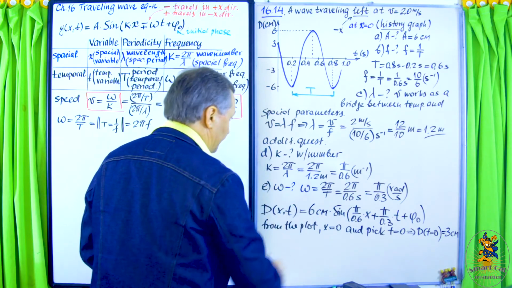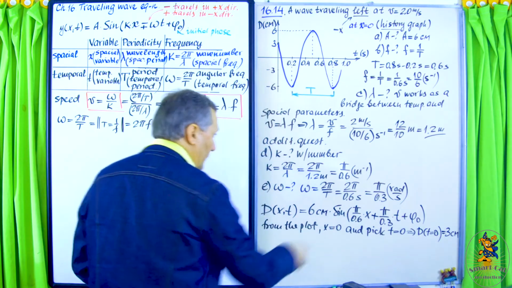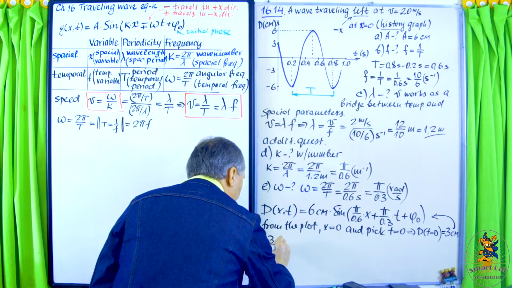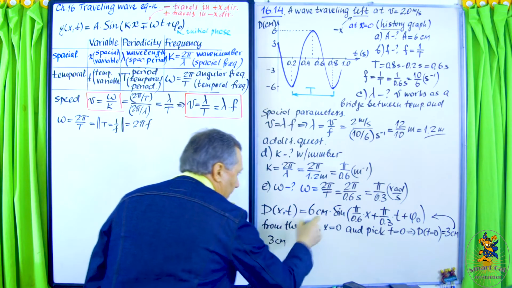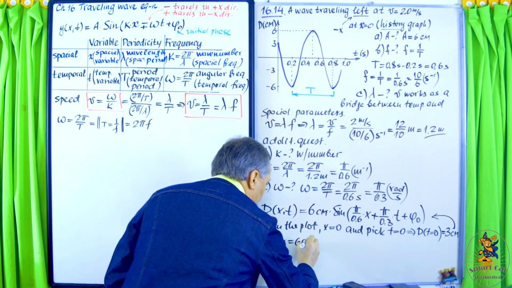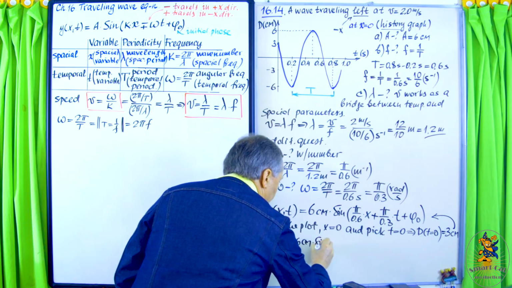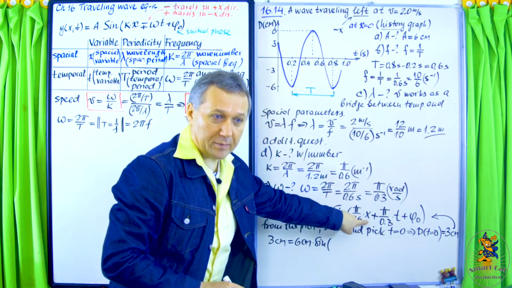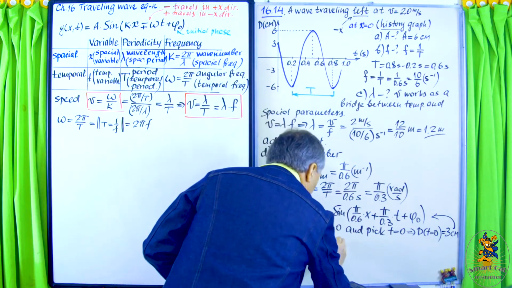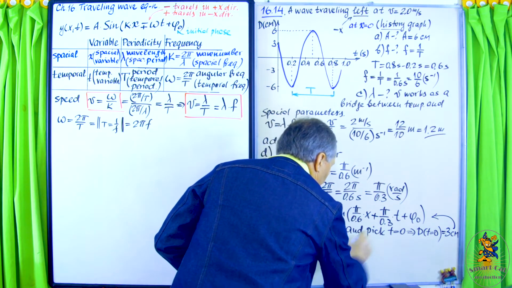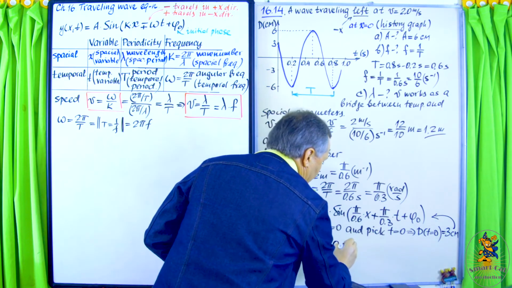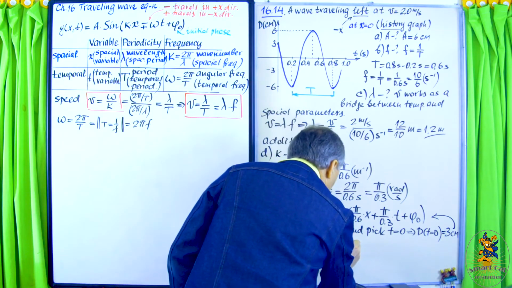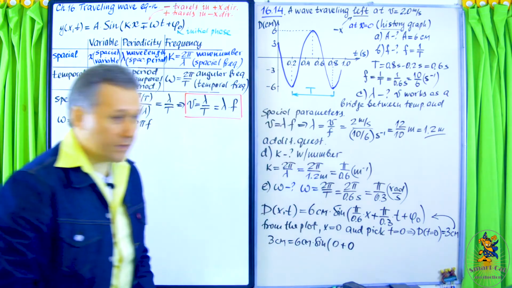All right, so let's plug it in. So it will be 3 centimeters on the left-hand side, then amplitude 6 centimeters, and then sine of pi over 0.6 times 0, so it's 0, then plus pi over 0.3 times t, also 0, and then plus phi naught.